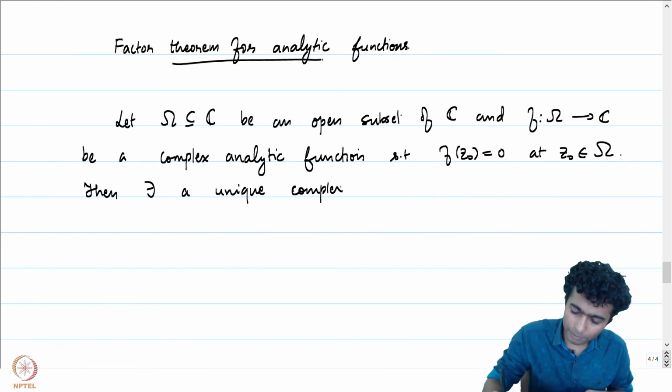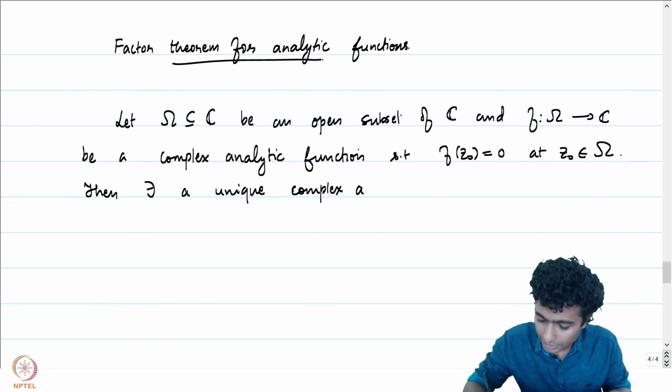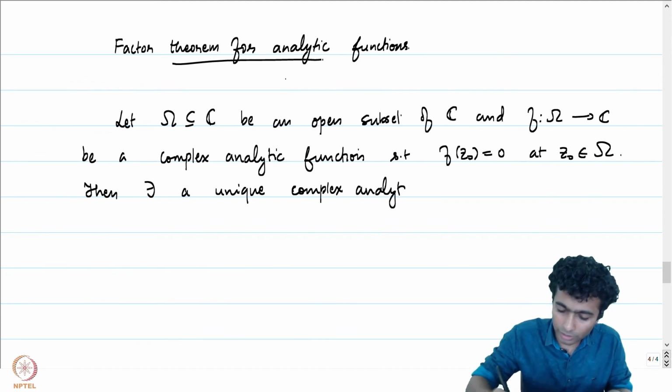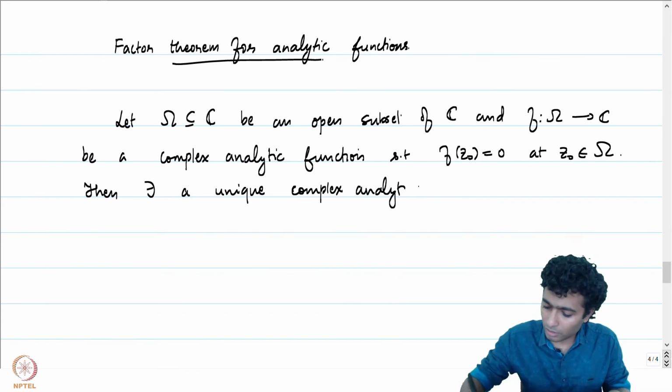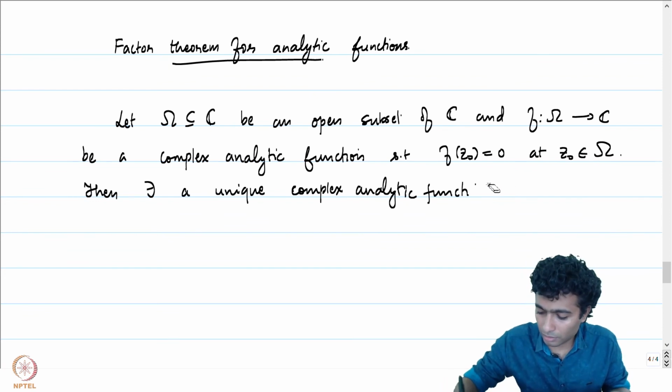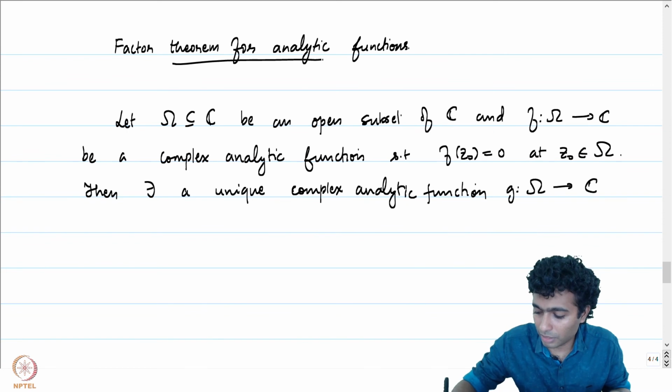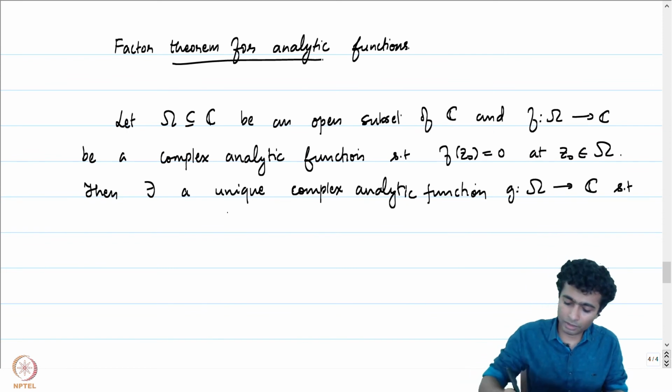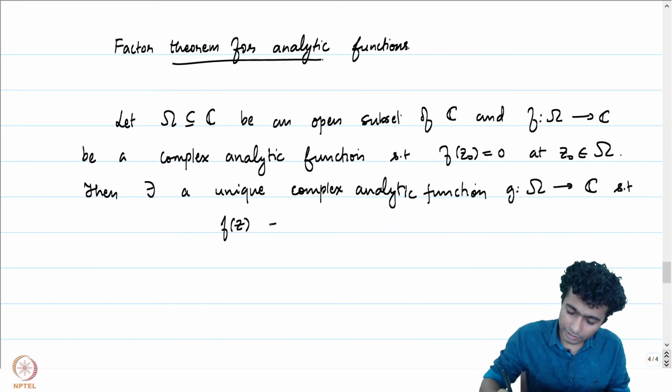I'll slowly stop writing complex analytic and just write analytic functions like I wrote here. There exists a unique analytic function g from omega to C such that f of z is equal to z minus z0 times g of z.